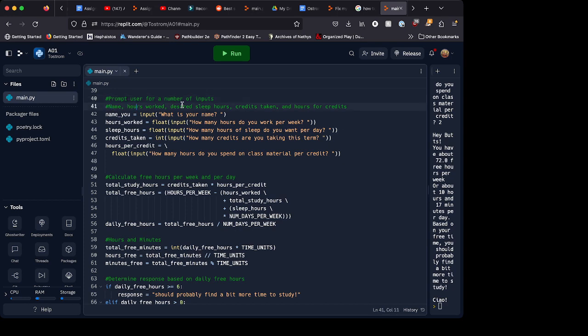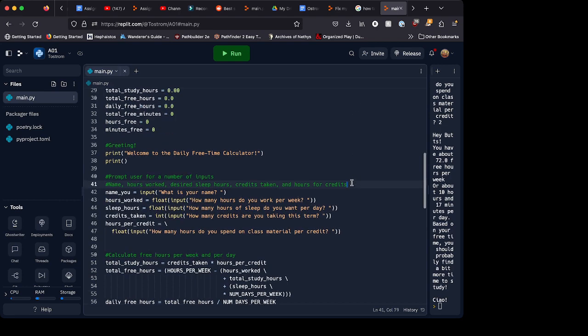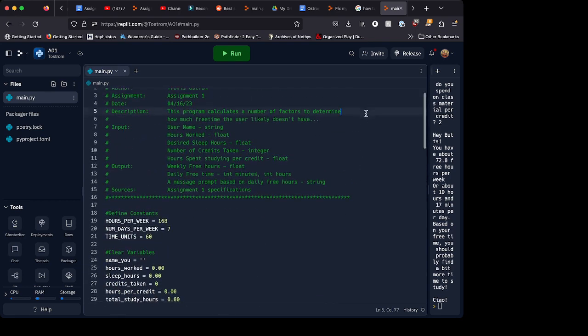Right away I have name, hours worked, desired sleep hours, credits taken, and hours for credits. It starts out: what's your name, hours worked is a float input, desired number of hours for sleep is a float input, credits taken is an integer input, and hours per credit. I'm trying to keep this under the column size. I think my longest is 79 there.